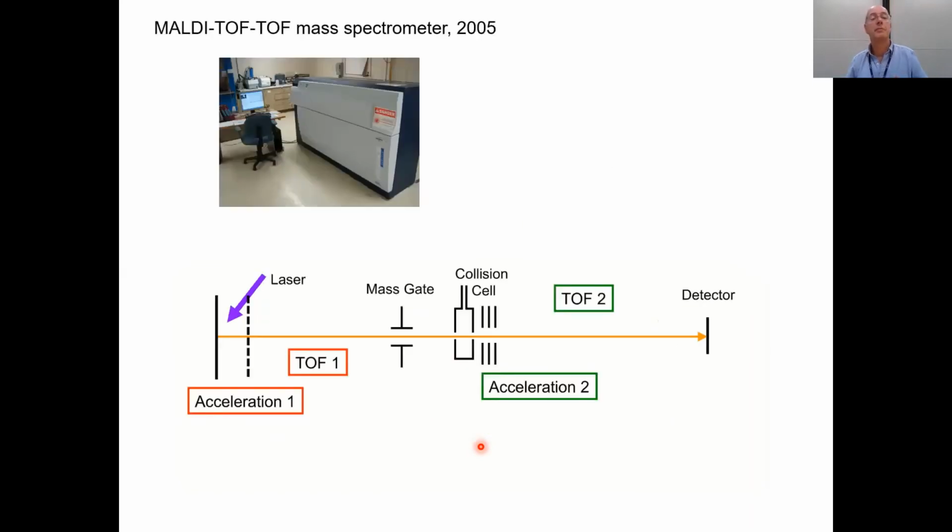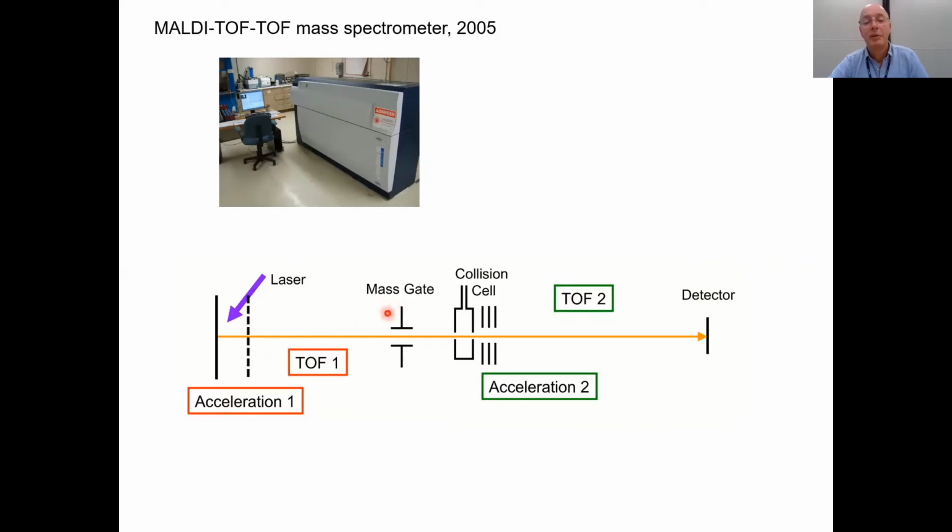This is another type of MALDI instrument. This is a MALDI TOF/TOF. So this is one of the first instruments we'll look at where the instrument is capable of fragmentation. So like the other MALDI instruments I've shown you, we have a laser. The laser generates our ion beam, and that is accelerated in the first time of flight region.